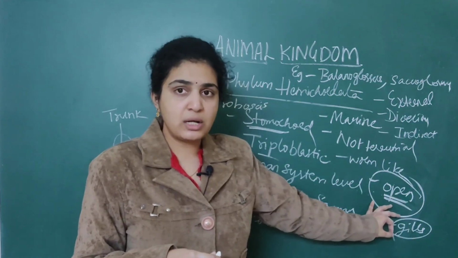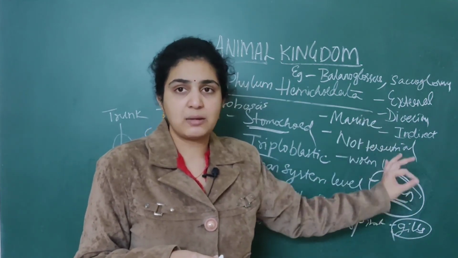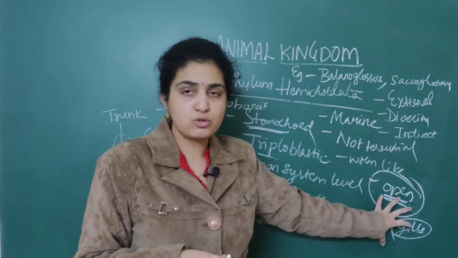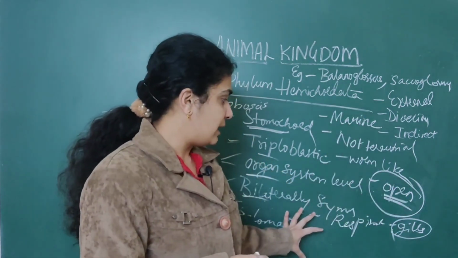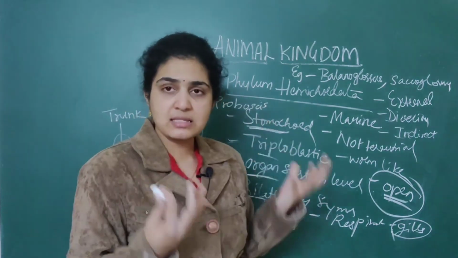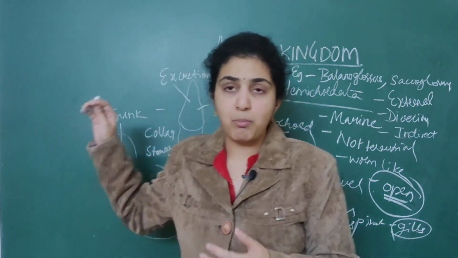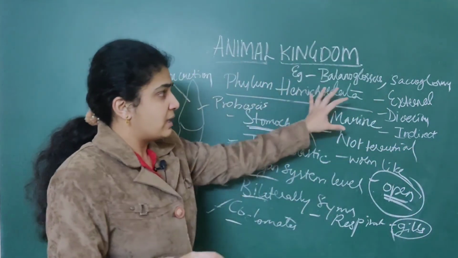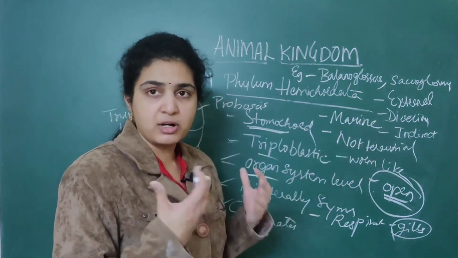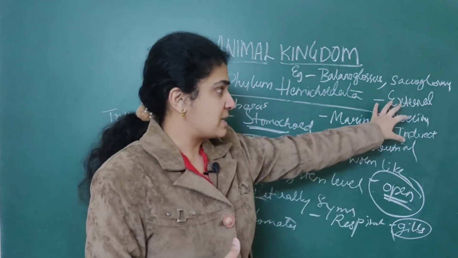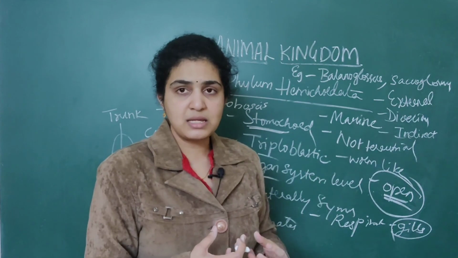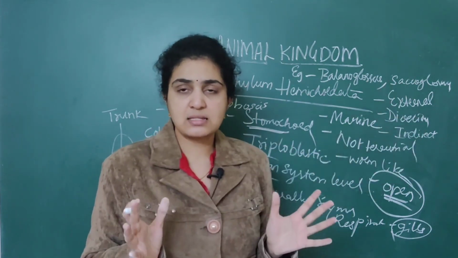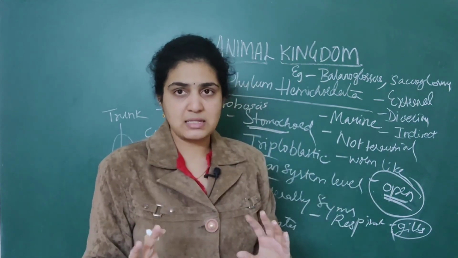The circulatory system is open type, present only in arthropods and here. Excretory organ is the body part only, that is the proboscis. Then fertilization is external, development is indirect, and they are dioecious; males are separate, females are separate.